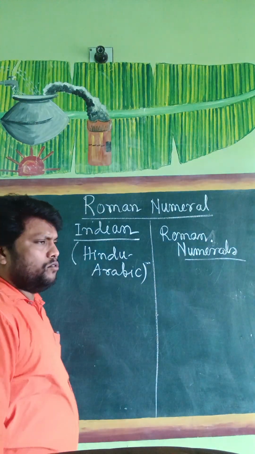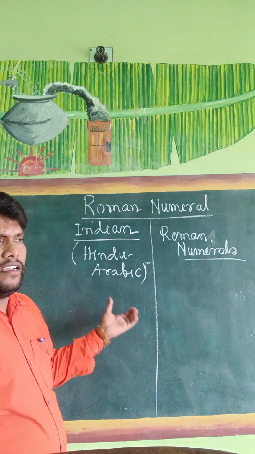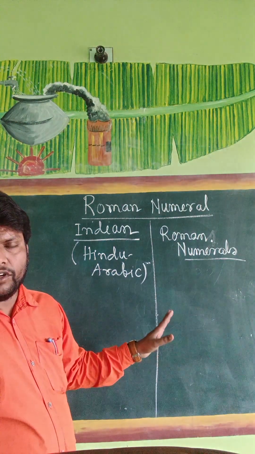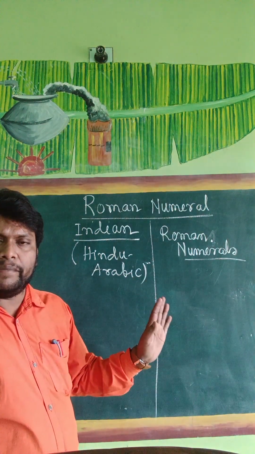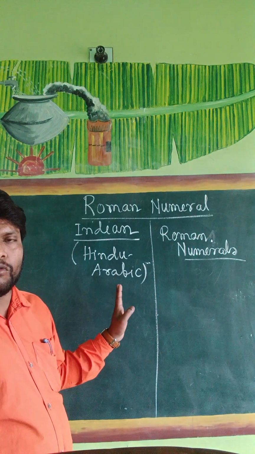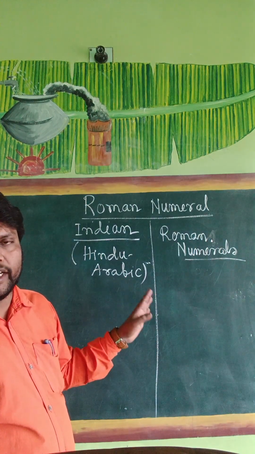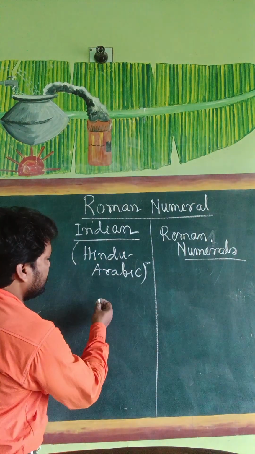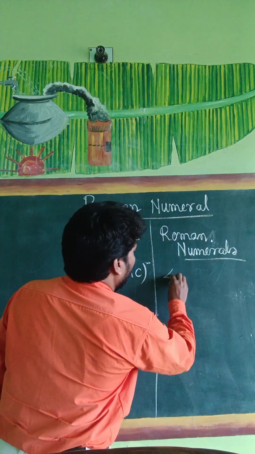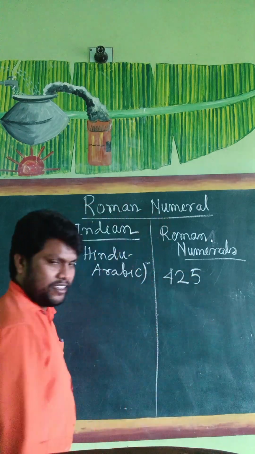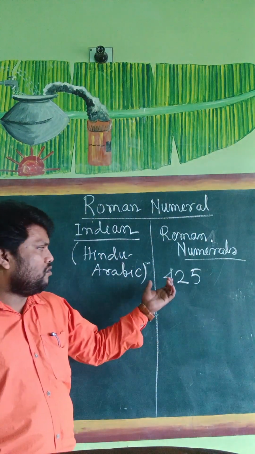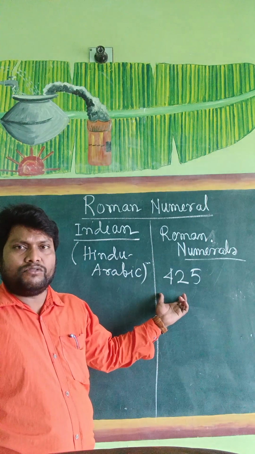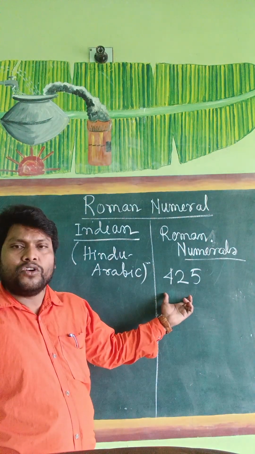Suppose you know 1 to 20 or 1 to 30. Generally everybody knows the Roman numerals of 1 to 20, 1 to 30. But apart from these, how will we write the Roman numerals? Suppose 425. Generally we do not know the process of how to write it in Roman numerals.